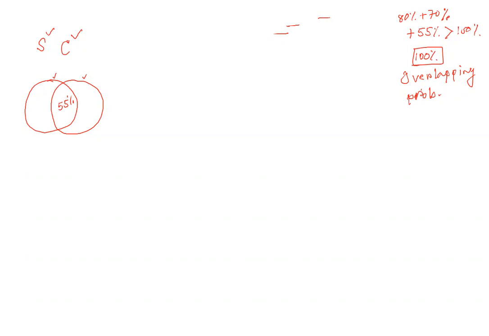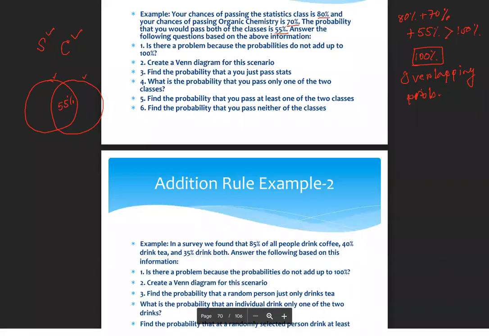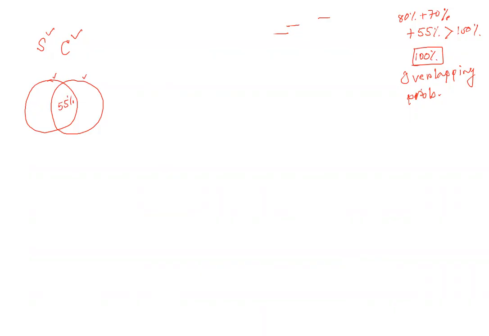And they also tell you that the chance of you passing statistics is, I think it's 85%, is it? No, 80%. The chance of you passing chemistry is 70%. So left circle, right circle.